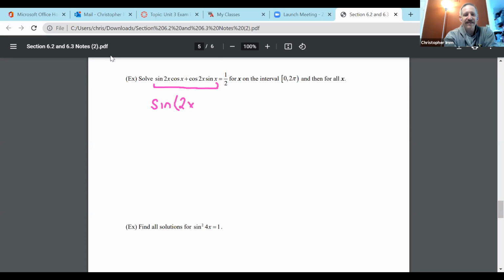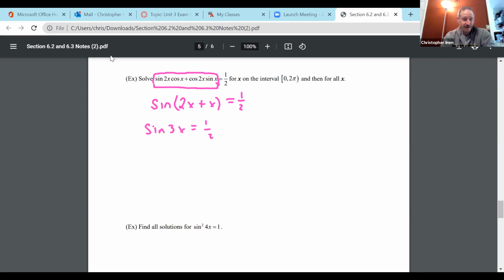So it's sine of 2x plus x is equal to 1/2, so we have sine of 3x is equal to 1/2. And this is because of that sum of sine formula. So sine of A plus B is equal to sine of A cosine of B plus cosine of A sine of B. Excellent job.